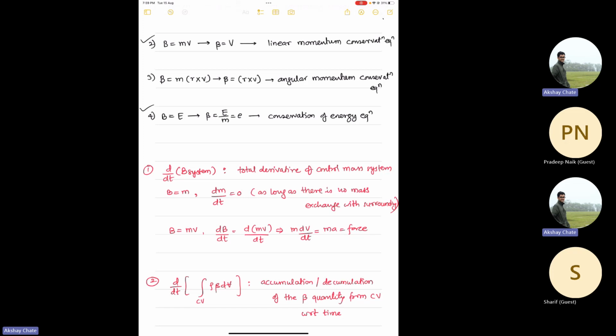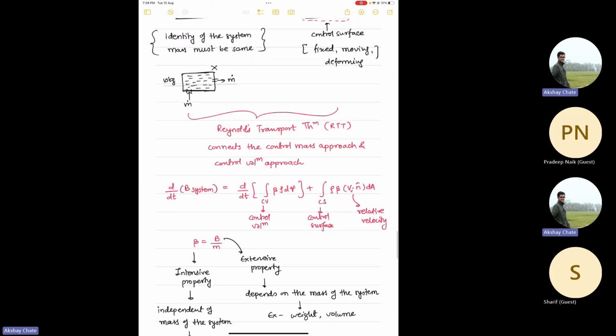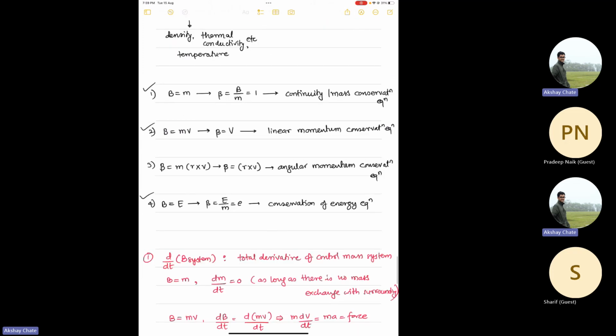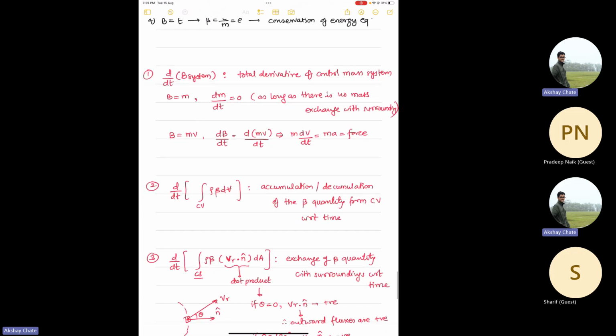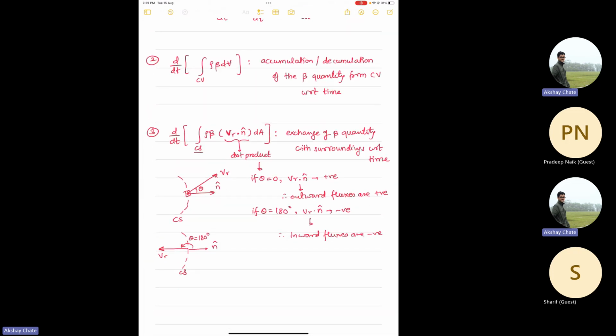So now that we have discussed RTT, maybe you can take some time and digest this if you have not understood already from class lectures. But I have tried to explain it in as much detail as I can. In the next class, we will take some examples, and then maybe you will understand it more.